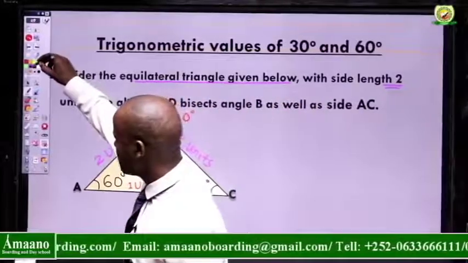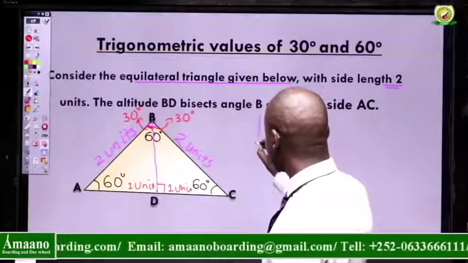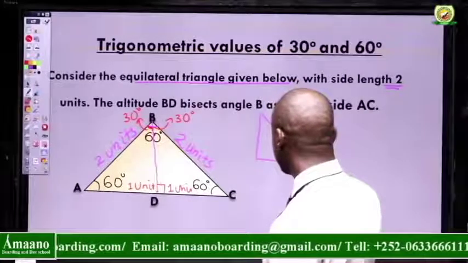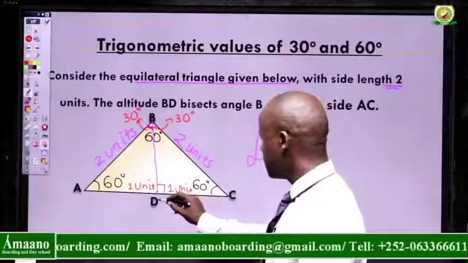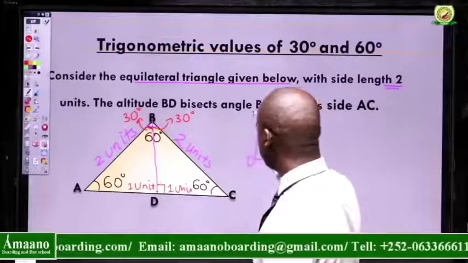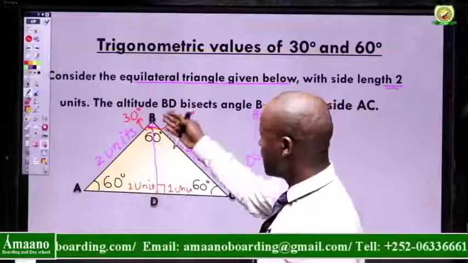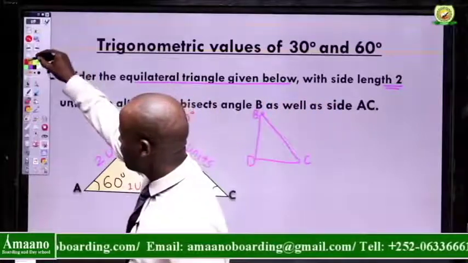Now let us separate the 2 triangles and consider one of them. Okay, so this is point C, the vertex, this one is D, and the other is B. This is the right angled triangle that we got by dividing the equilateral triangle into 2 equal triangles.